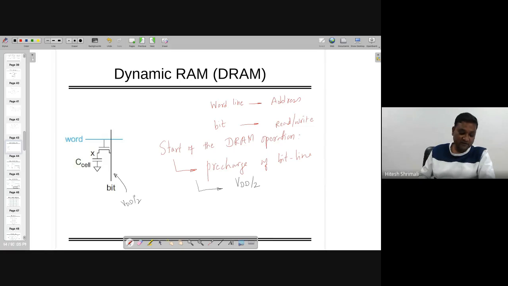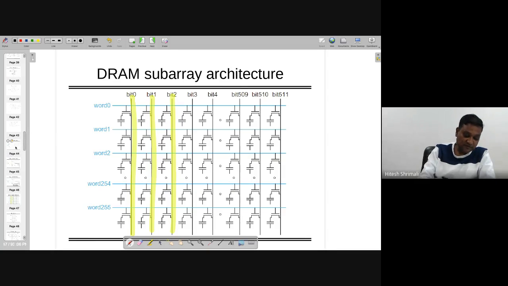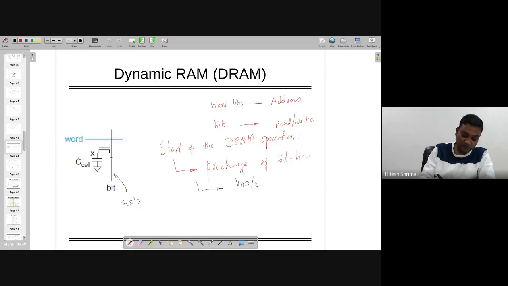Along with that, if you look at the whole structure, I'm showing you the structure for an example where there are lots of word lines and lots of bit lines. If you look at each one of the bit lines, each one of them is going to have so many transistors, and because of that there will be some capacitance over here.